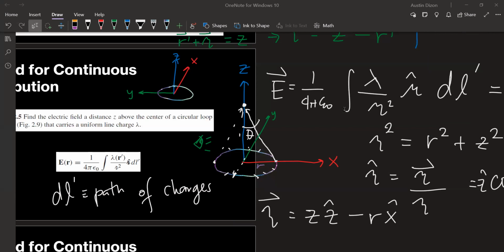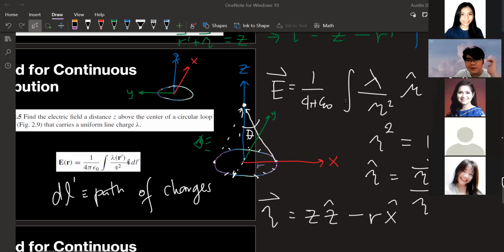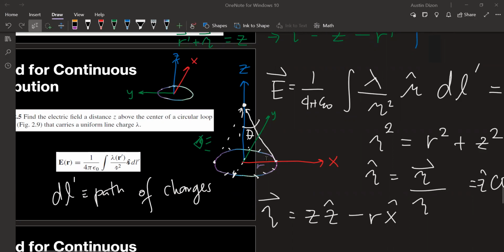Ano, sorry? 2 pi? Ano sagot mo? 2 pi po. Okay. So, 2 pi. Close enough, no? Ang sagot dito natin is 2 pi r. That's the circumference. Pag inikot natin tong path na to, ang total distance nito ay 2 pi r.